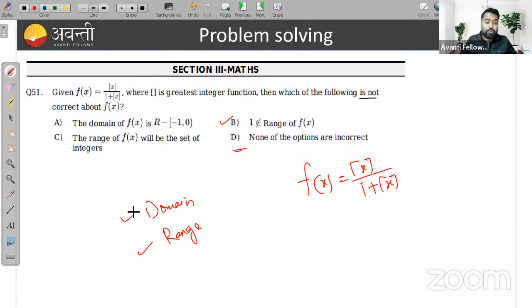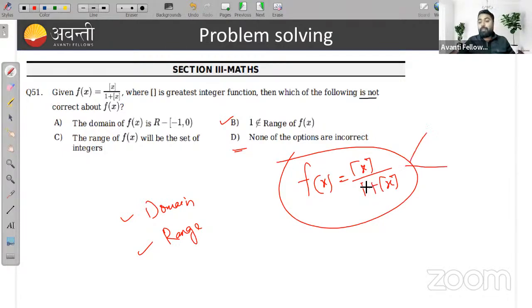So first, let's try to find the domain. To find the domain of this function, what should you do? For this function to be defined, my denominator must not be equal to 0. If the denominator becomes 0, the function will not be defined.